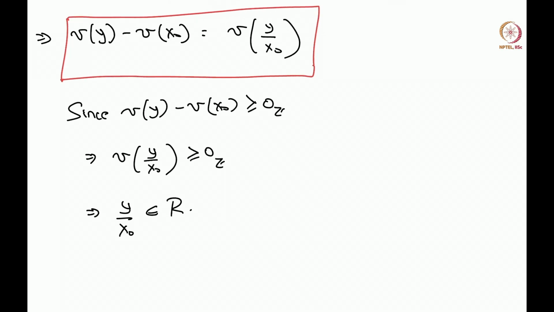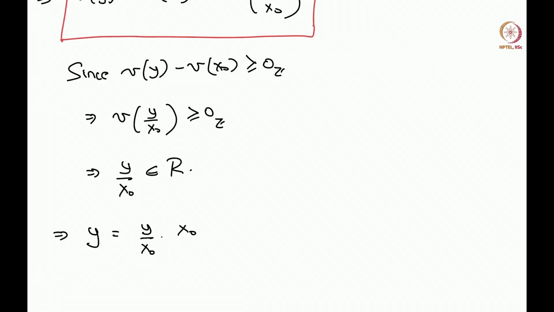And so what have we shown? This implies that y is y over x naught times x naught, where the first fraction belongs to R. So y is a scalar multiple of x naught, and it in fact belongs to the ideal generated by x naught.